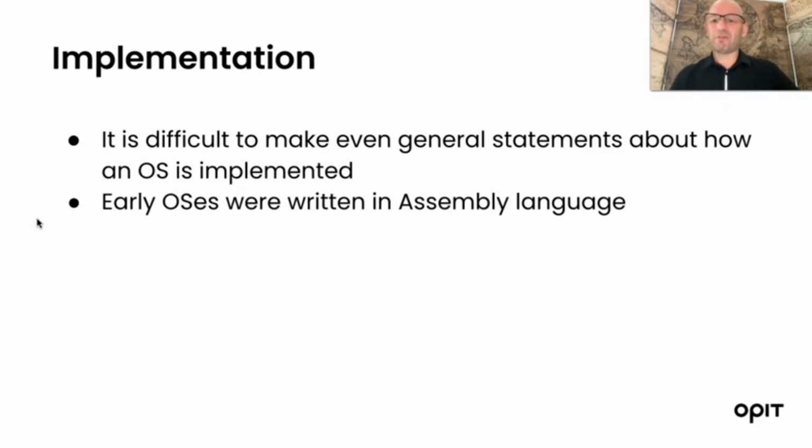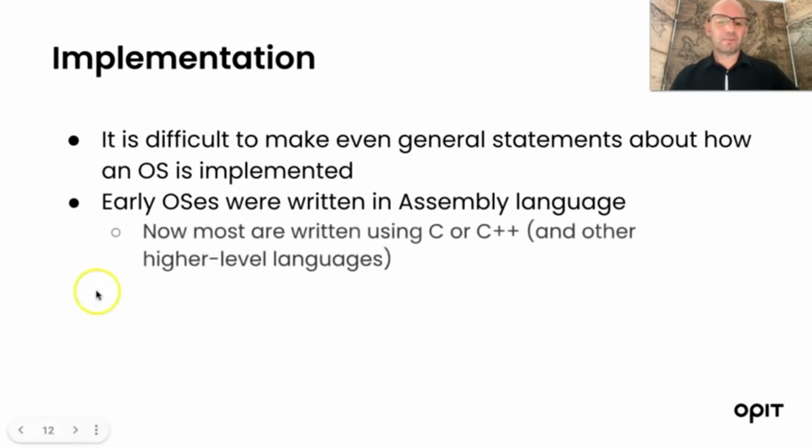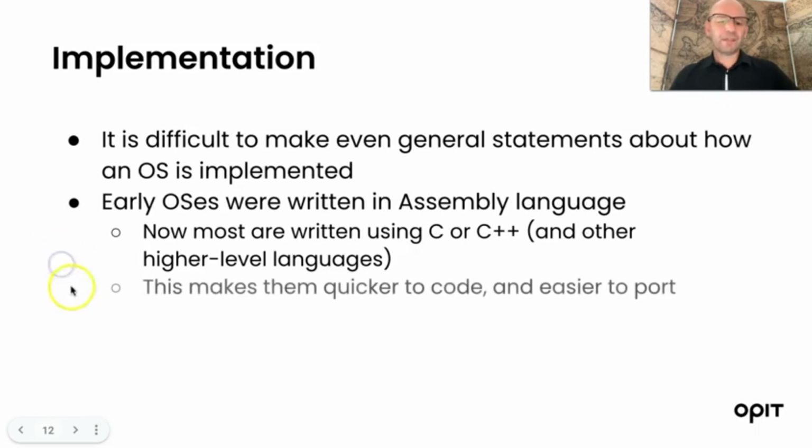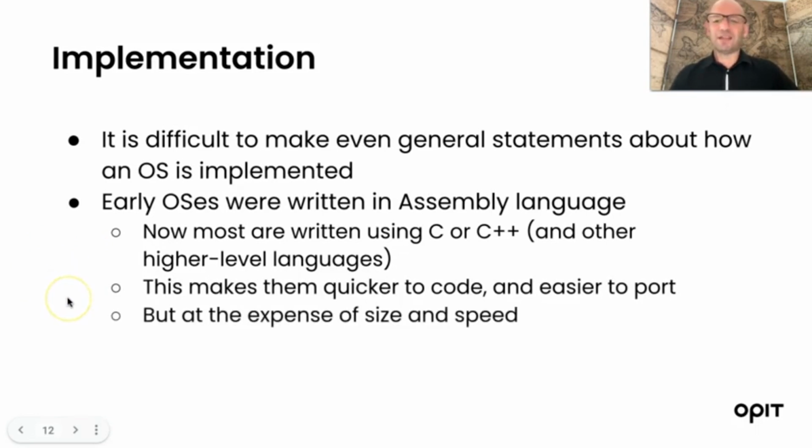So code can be very efficient in assembly language. Now most operating systems are written using C or C++ and other higher level languages. And this makes them quicker to code and easier to port, but at the expense perhaps of memory usage. So at the expense of size and then also at the expense of speed.